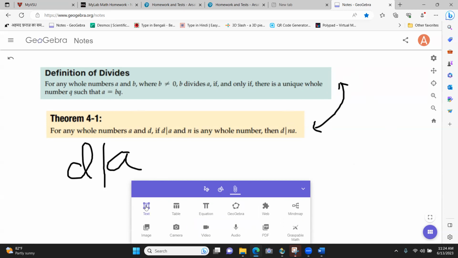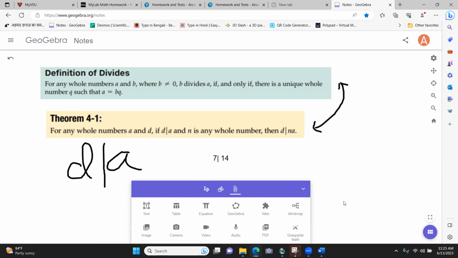For instance, I can say 7 divides 14. It's just a vertical line, okay? Why? Excuse me.